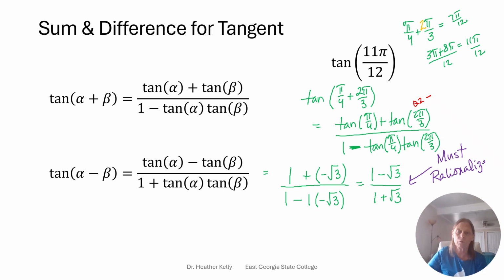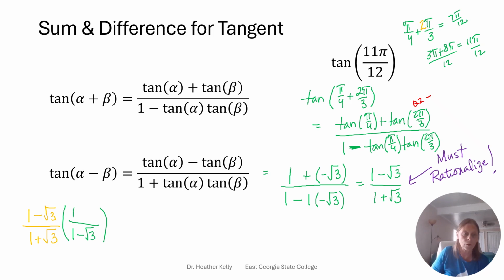And remember, when you rationalize, you divide them, and dividing complex numbers is multiplying by the conjugate of the denominator. So we're going to multiply this by 1 minus square root of 3 over 1 minus square root of 3. Okay, you treat it just like imaginary numbers.